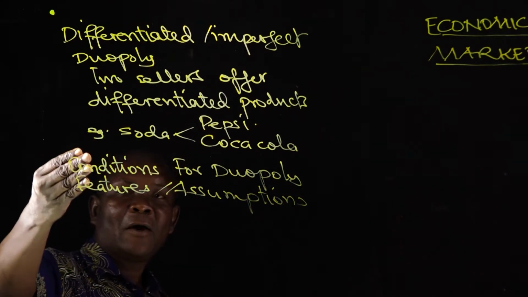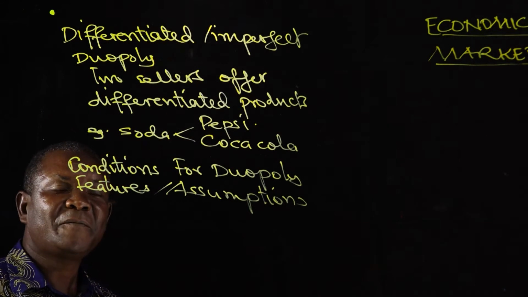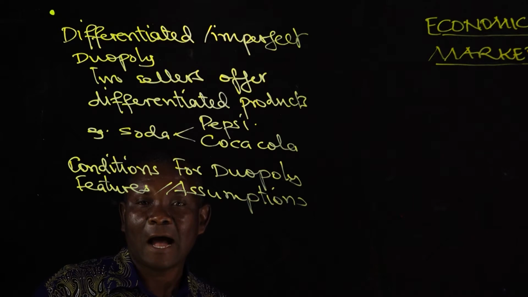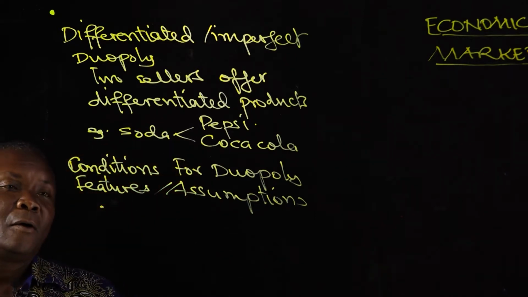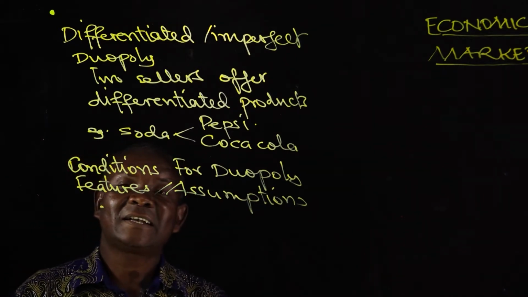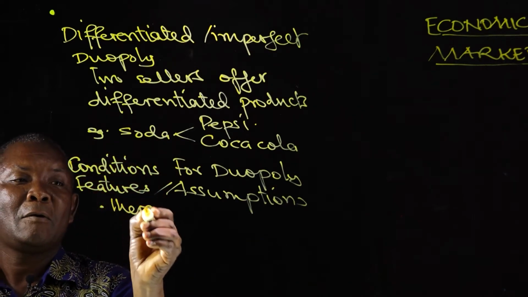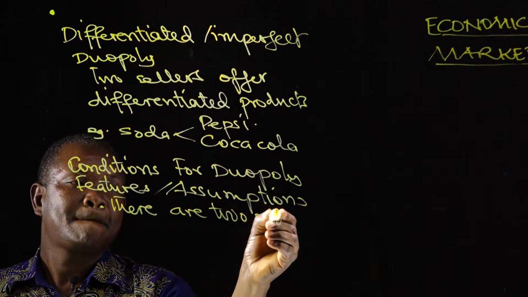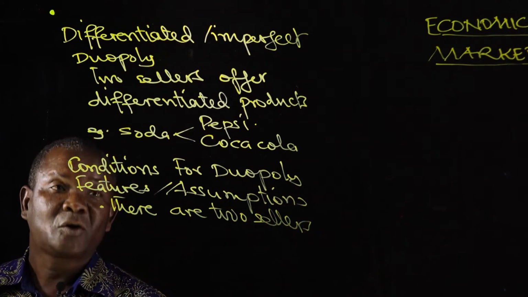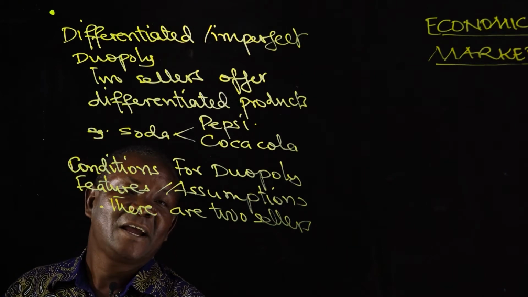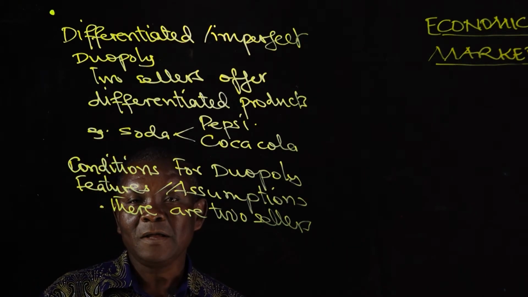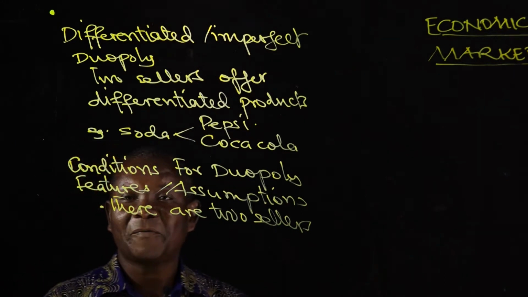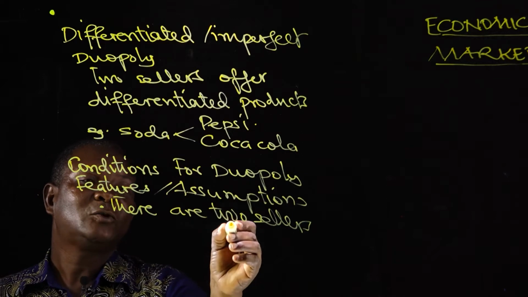So once one says you have to outline the features or conditions or assumptions of duopoly, the things are one and the same. One of the conditions is that there are two sellers. Two sellers exist in a market. The whole product of a commodity is supplied by two sellers.